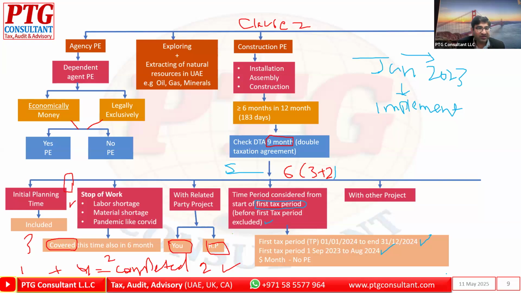Give me an example, please. What is the law saying? Whatever a company's financial year is, that is their first tax period. So this is the point. If the first tax period started from 1st January to December, then everything before December 23 will be excluded.